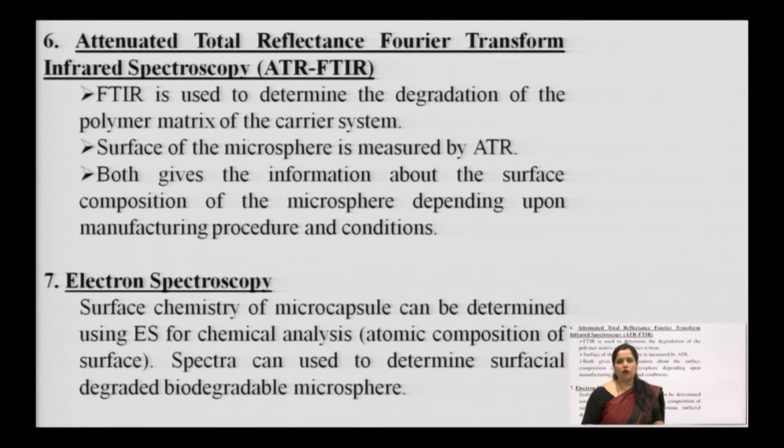So, you are getting information of the polymer surface only, depending on the manufacturing procedure and conditions. This is how you can measure your surface environment and surface characteristics using ATR FTIR.